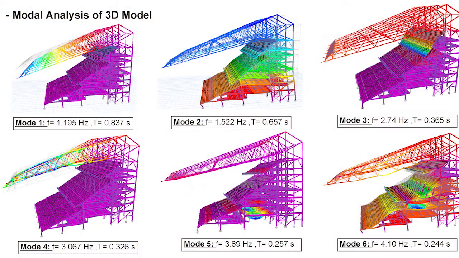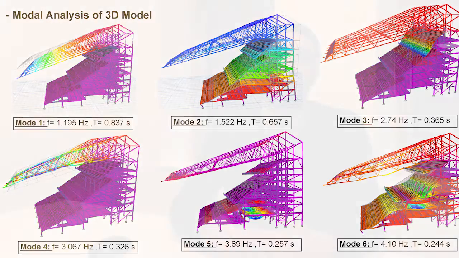To strengthen our results, we developed our 2D model into a 3D model, which is a very realistic model. We modeled the precast panels and all the seating areas and the horizontal bracing of the roof. In this way, we have a very realistic representation of the stand.